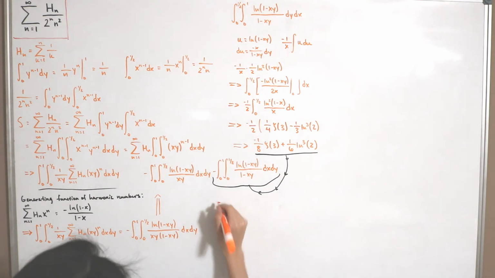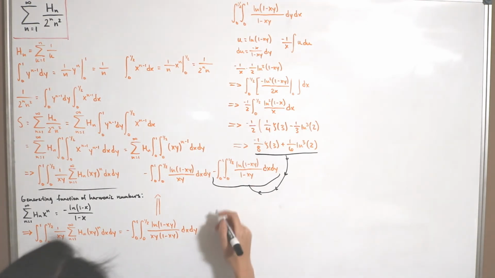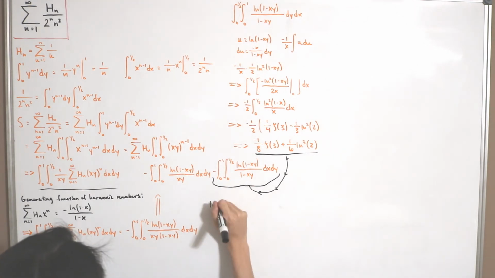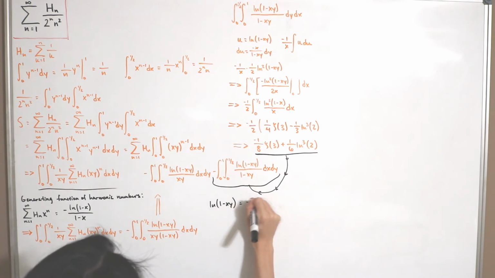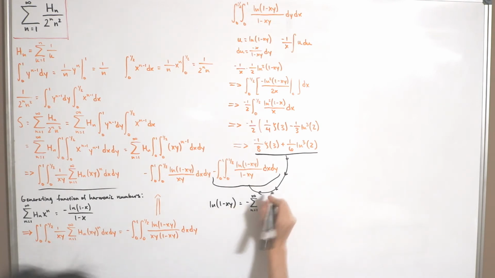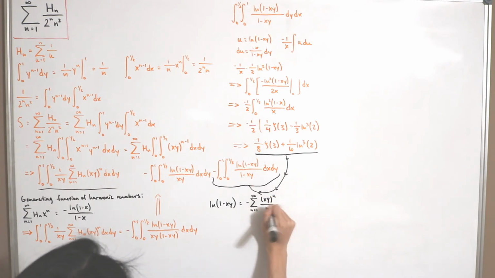Notice that I'll put this little fact here in black as well. We know that the natural log of 1 minus xy is equal to the negative infinite sum of xy to the power n, divided by n.